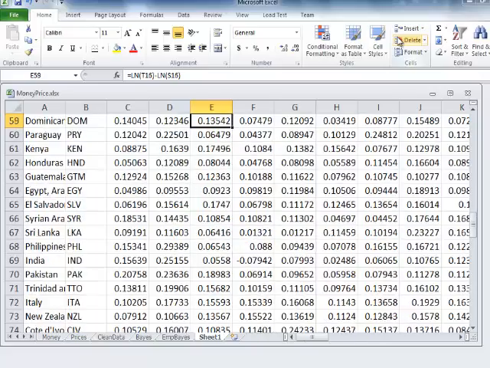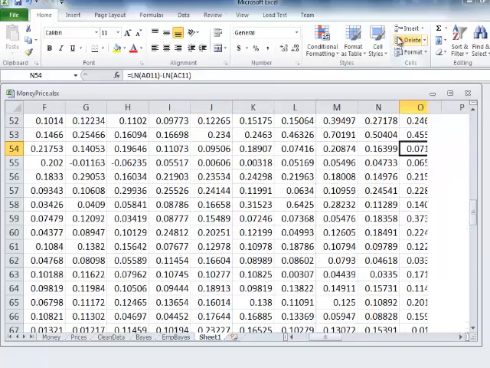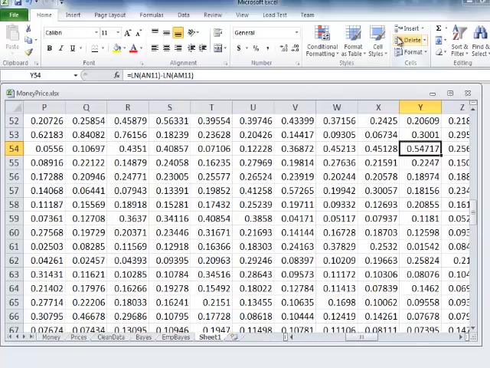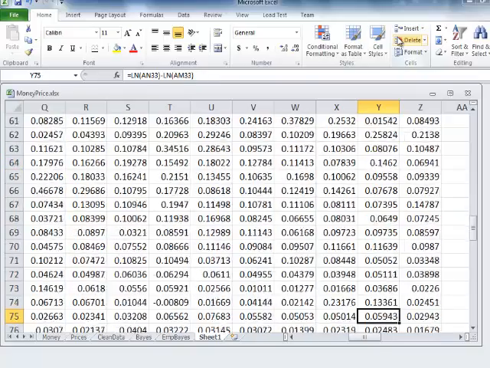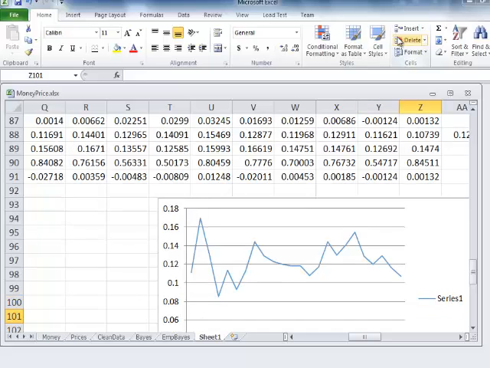One extreme outlier can destroy the whole analysis. Nigeria has a problem and Philippines also has problems. Alright, so what I'm going to do, this 54% has come, 24.